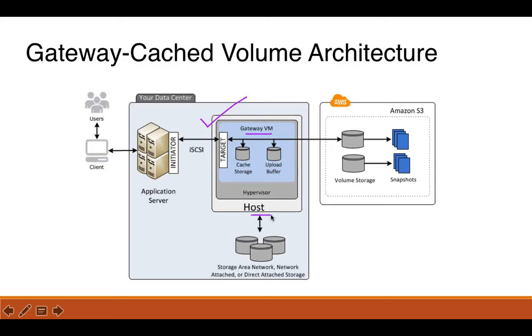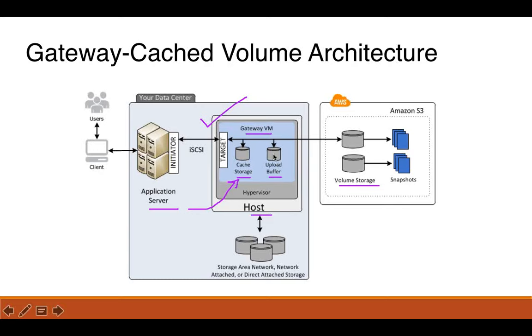This storage gateway has two local disks: cache storage and upload buffer. The cache storage retains the frequently accessed data. So this application server writes the entire data to the volume storage in the S3, but any data that it will read and write frequently, it will get from the cache storage.